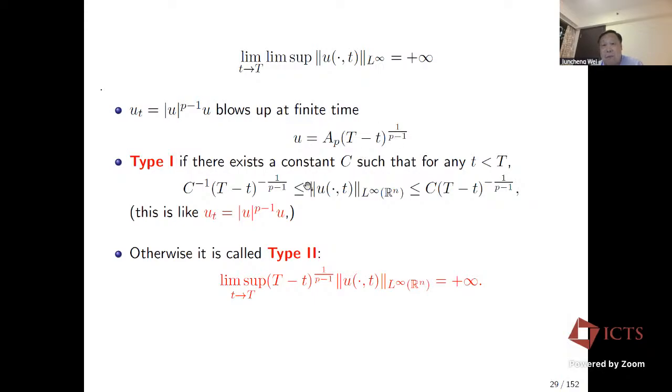So if your blowup rate looks like this, it is called subsimilar blowup, looks like the ODE blowup, this is called type 1. So in other words, for type 1, you can just ignore the Laplacian. Otherwise, it's called type 2. So what I'm going to discuss today are all type 2 blowups.